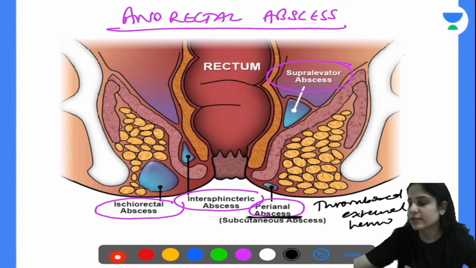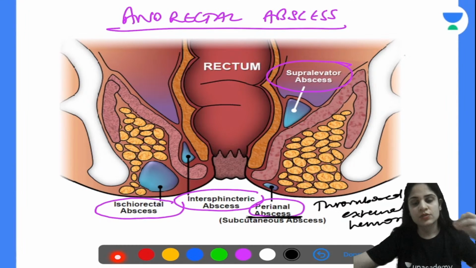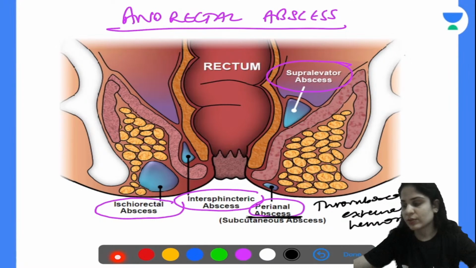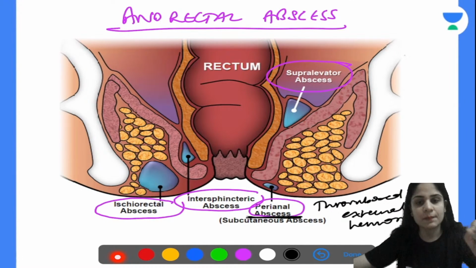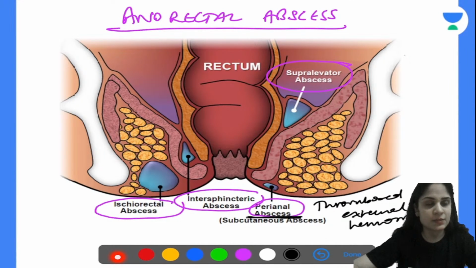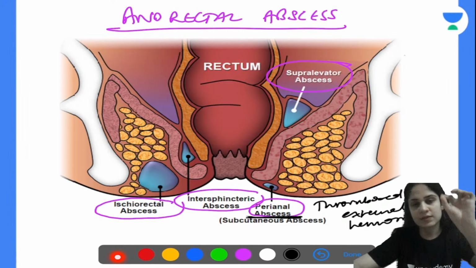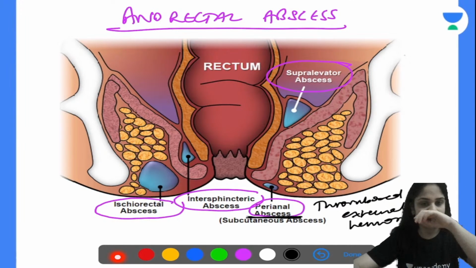I told you the external hemorrhoid we saw earlier was just below the level of the skin, correct? Suppose that hemorrhoid gets secondarily infected. That can lead to an abscess in that area, which is called a perianal abscess. The patient will have a lot of difficulty in sitting. That swelling will be very smooth and tender. You can just incise it and drain it. It's as simple as that because it's right under the skin.